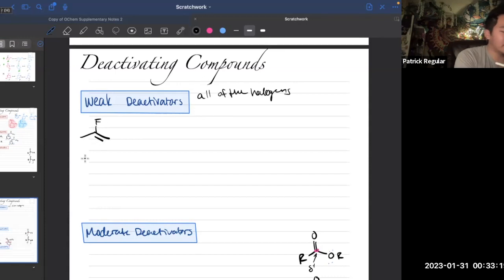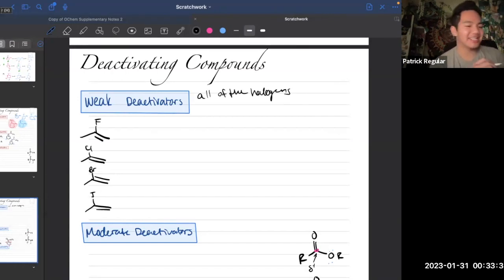Fluorine, fluorine, bromine, and iodine. What if I said iodine? Dr. Geller says iodine. All right, activating goes this way. So iodine is more deactivating than fluorine. So fluorine is the least deactivating. All right, so all of these have lone pairs.